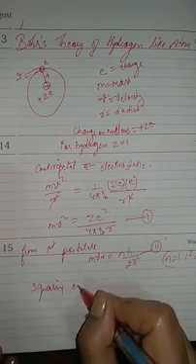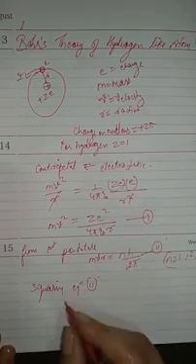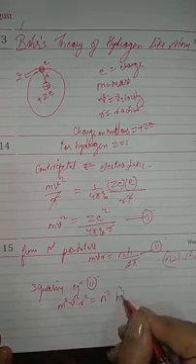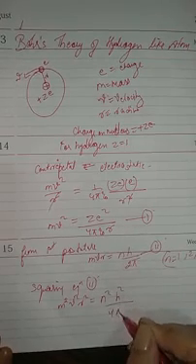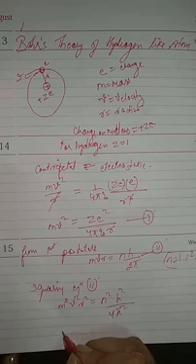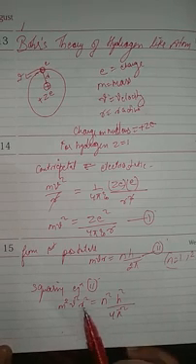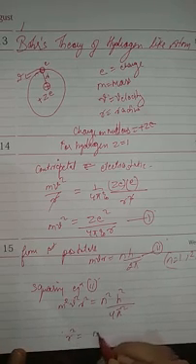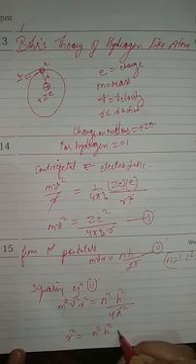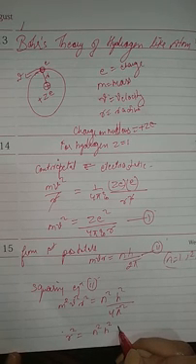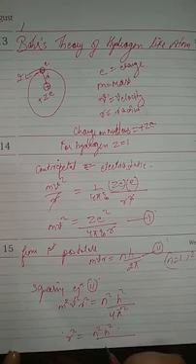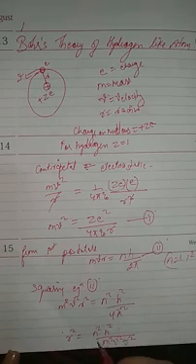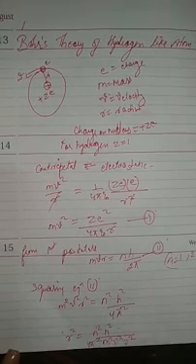Now squaring equation 2, what we get is m square v square r square is equal to n square h square divided by 4 pi square. So from this, if we keep r square this side and take everything else to the other side, what we get is r square is equal to n square h square divided by m square v square, 4 pi square. So this is what you get.